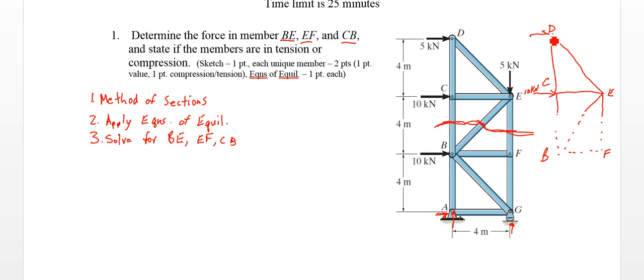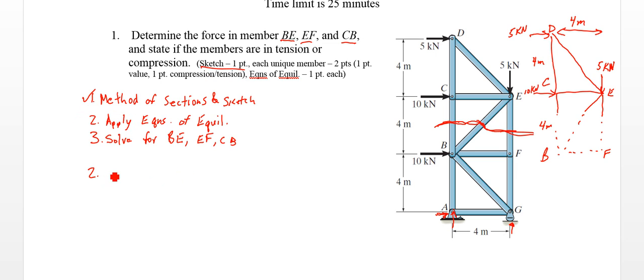We've got a 5 kilonewton load at D, and at E we have a 5 kilonewton load in the vertical down direction. So there we have it, and we have 4 meters from B to C, and 4 meters from C to D, and then in this direction from D to E horizontally we have 4 meters. Alright, so there's my sketch. I'll add that to this here, and we get 1 point for that sketch. So we've got that part done.